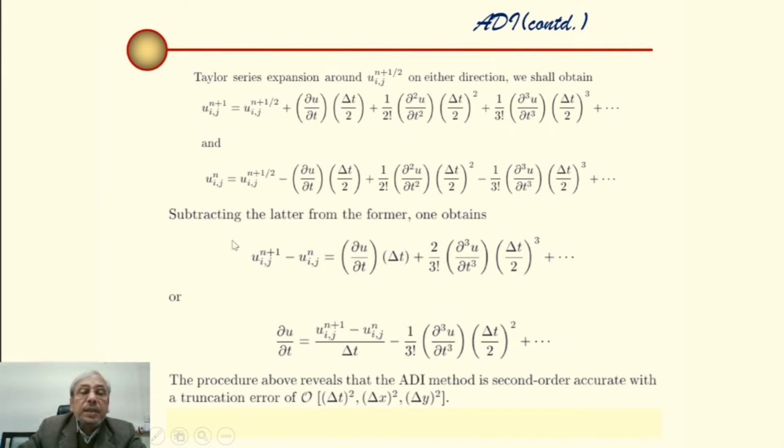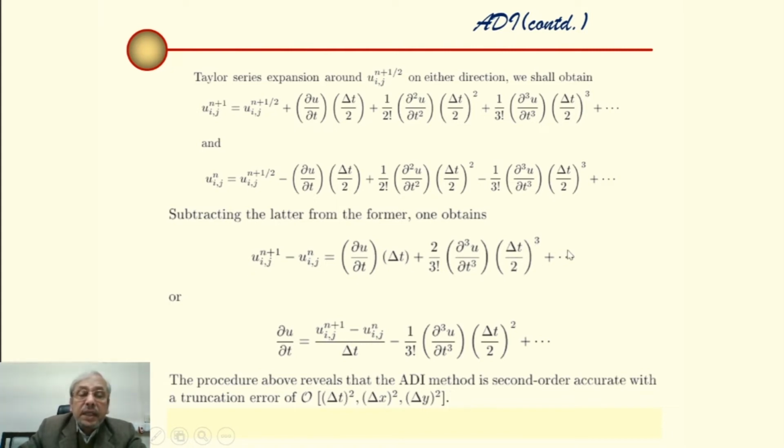This is in the forward direction, this is in the backward or rearward direction, and from there if we now try to write uij at n plus 1 minus uij at n from these two Taylor series, we will get del u del t into delta t plus 2 by factorial 3 del 3u del t cube into delta t by 2 cube.